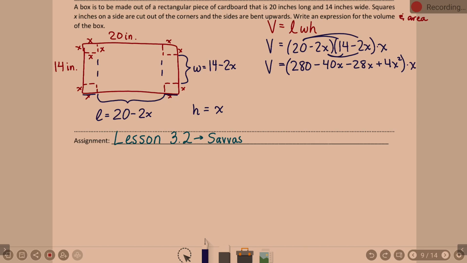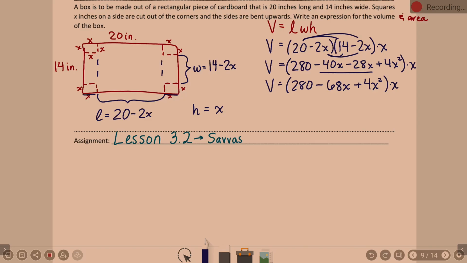So we have all of that. Don't forget to carry down. There's still a times x. Okay? My recommendation, clean up a little bit more before you multiply the x in. So 280, and then what is minus 40x minus 28x? Minus 68x plus 4x squared. Then we still have the times the x. What happens when you multiply everything by x?